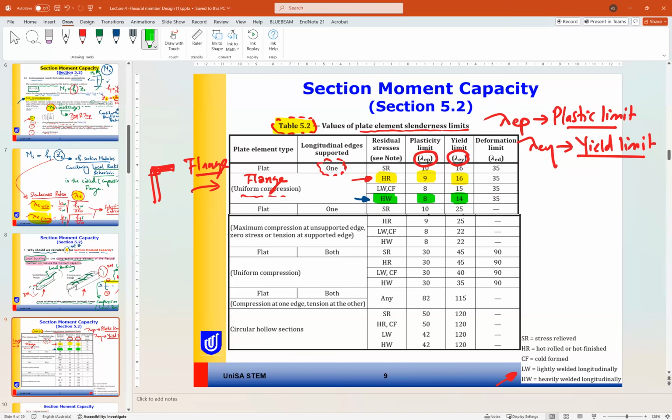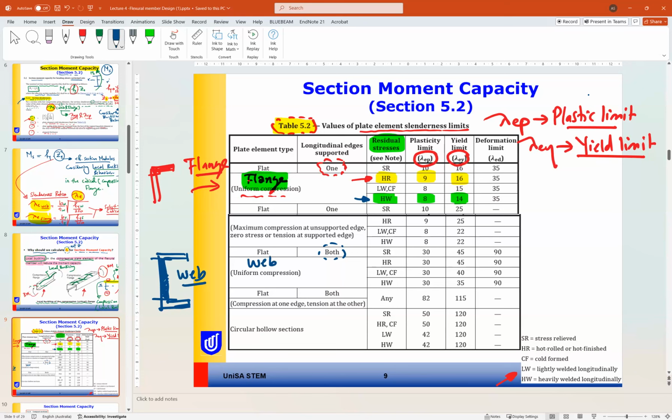So based on the residual stress, and whether you are finding the value for flange or web, where is the web? The web is a member that is supported from both sides. If we are still in the broad flange section, this is our web. The web is supported on both sides or both edges.